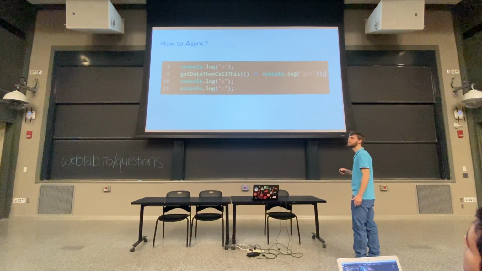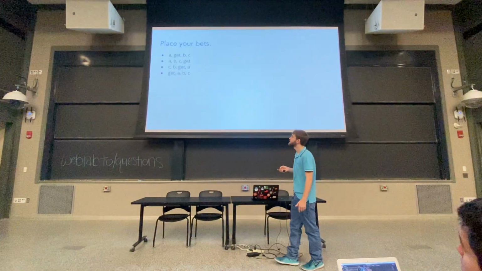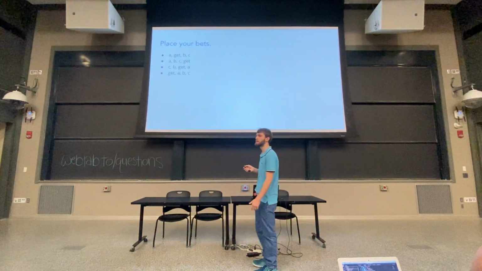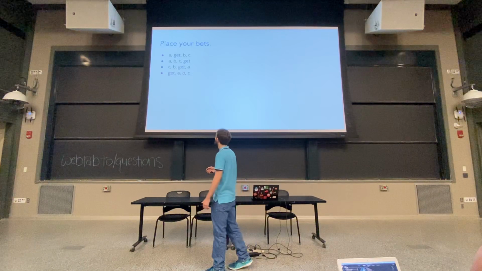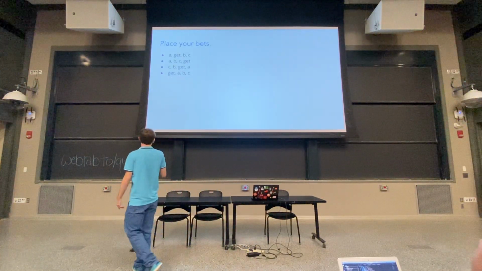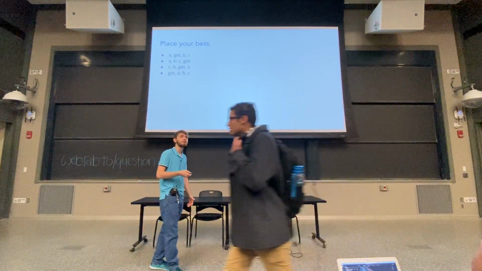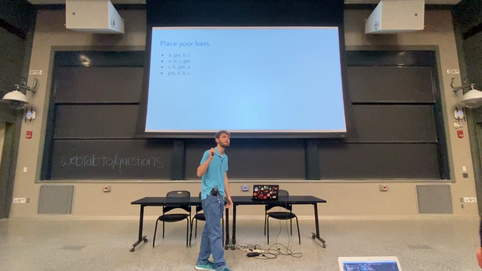Well, it's probably misleading for me to say and then, because I want you to place your bets. What order will those finish in? So option one, we have A, the get, B, and C. Let's see some hands. What percentage do you think option one will happen first?